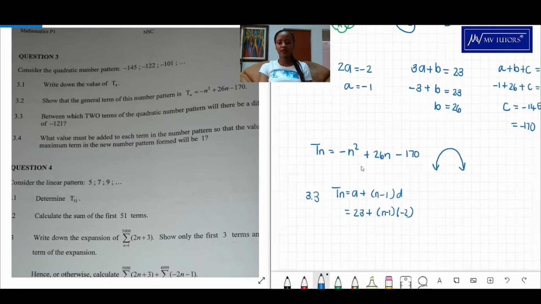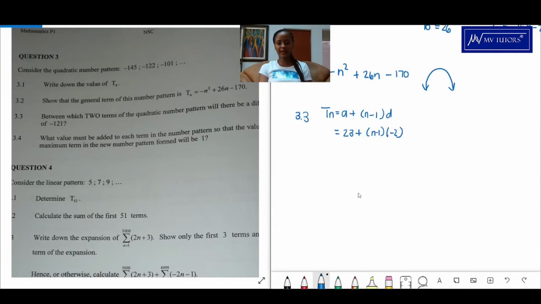So now I can get my Tn formula. I'm just going to say -2 times n. I have -2n, positive 2, plus 23. Then I have -2n plus 25. All right, so that is my Tn formula.